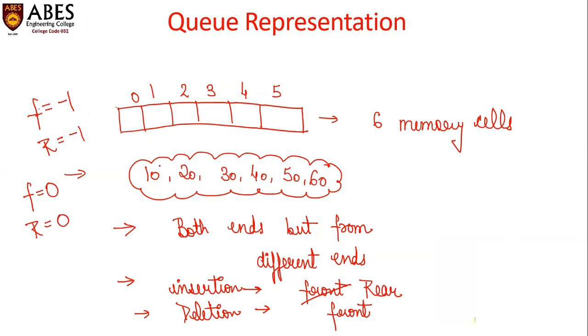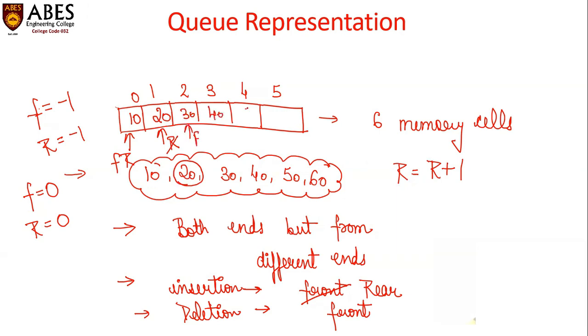Then if we want to insert 10, both front and rear pointers will point here. If we want to insert another element 20, then we have to do rear equals rear plus 1. It means now rear will point here and we can do the insertion of 20. Similarly for 30, rear will point here.